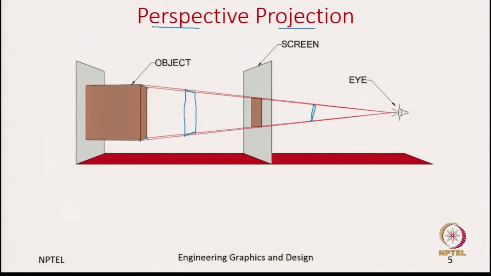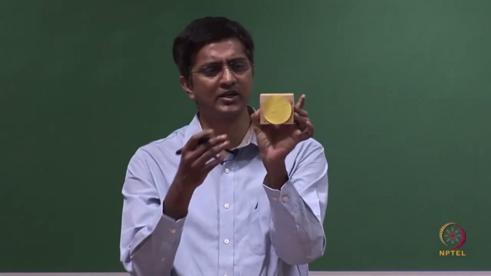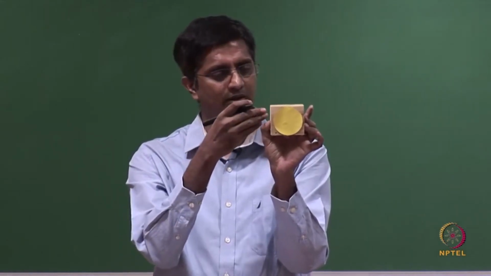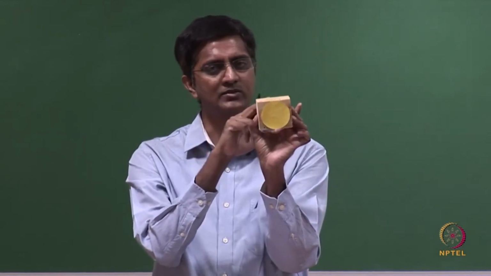Let us look at it. To answer that, let us focus on the back surface of this cube, back face let us say. Okay. So, if you are looking at the back face of the cube and then draw the projection lines, these yellow lines are dotted because actually you can't see this back face if I am holding the object like this, but let us say instead of wood it is made up of glass such that the object is transparent to light, and then you are able to look at the back face.